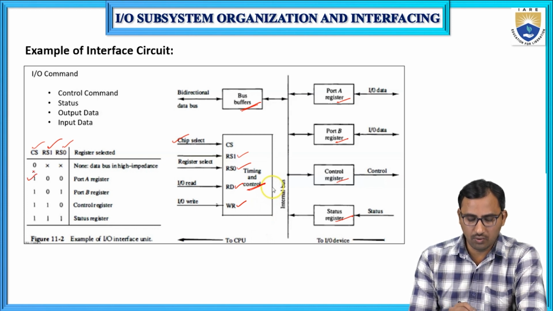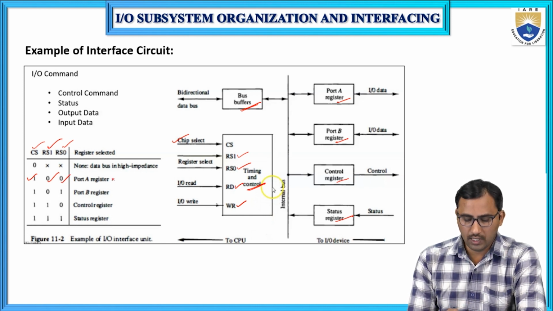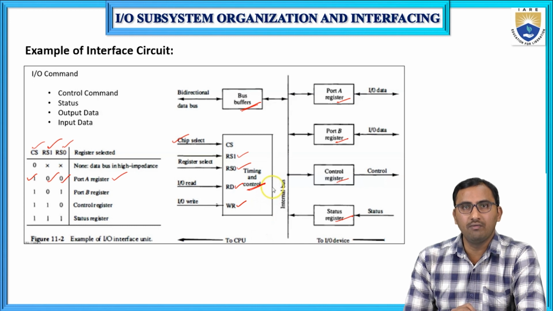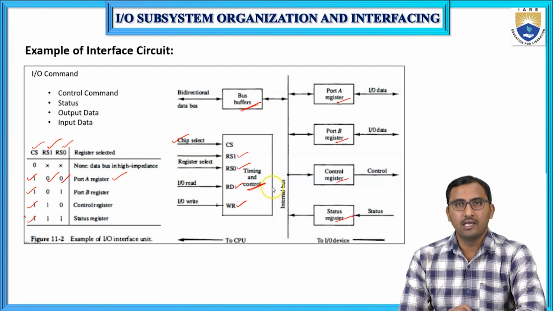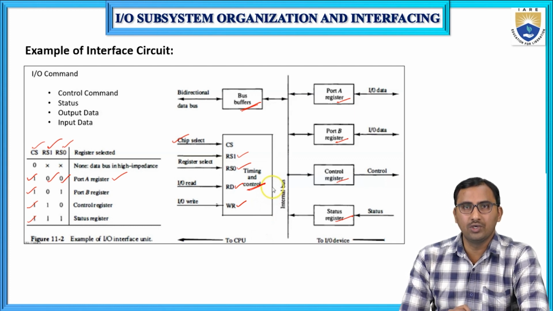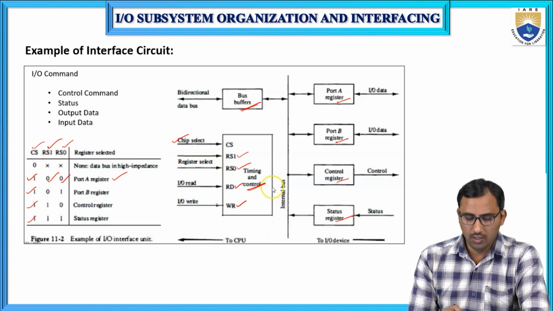Suppose CS is equal to 1, and RS1 is equal to 0, RS0 also 0. In that case, port A register will be selected. Chip selection should always be logic high. If the chip selection pin is logic 0, then we cannot select any register. To select port A, RS1 and RS0 should be 0, 0.